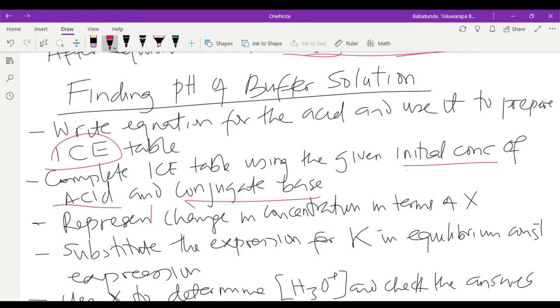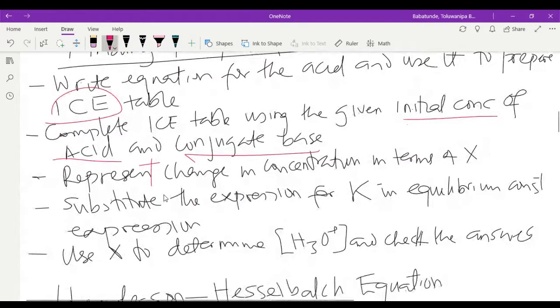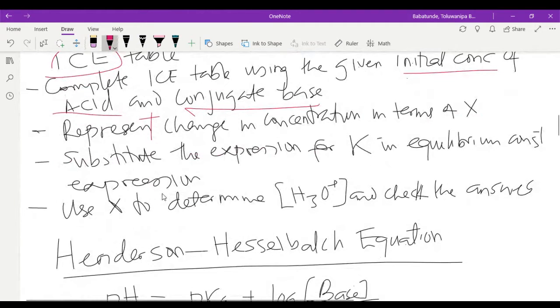Then we represent the change in concentration in terms of x, just like we do for our equilibrium concentration table, the ICE table. Then we substitute into the equilibrium constant expression for Ka, and we use our x to determine the hydrogen ion concentration, and we can always check our answer.